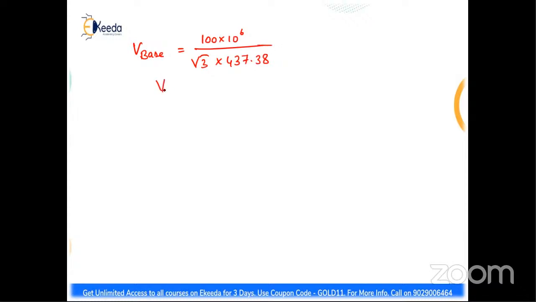So if you solve this, 100 into 10 to the power of 6 divided by root 3 into 437.38, we'll get the value as 132 kilovolts.